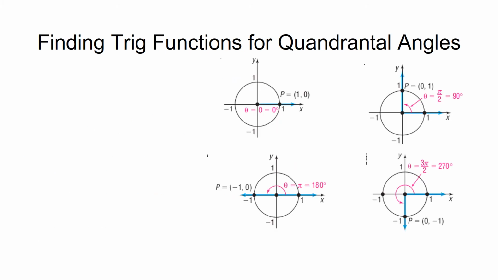Now let's consider the trig functions of quadrantal angles. A quadrantal angle is one that is in the standard position and has a measure that is a multiple of 90 degrees or pi/2 radians, such as 90 degrees, 180 degrees, 270 degrees, and so forth. A quadrantal angle will have its terminal side lying along either the x or y axis. Some examples of quadrantal angles are shown in the figures here.